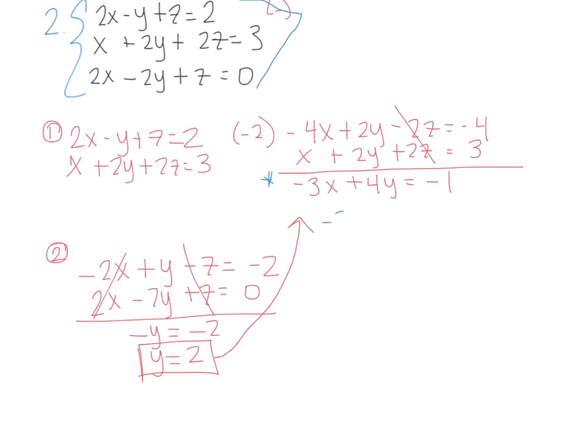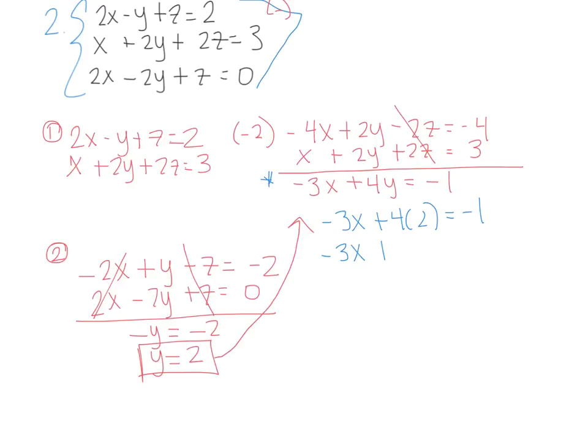So I have negative 3 times x plus 4 times 2 equals negative 1. So now we simply solve for x. I'm sorry. 4 times 2 is 8.